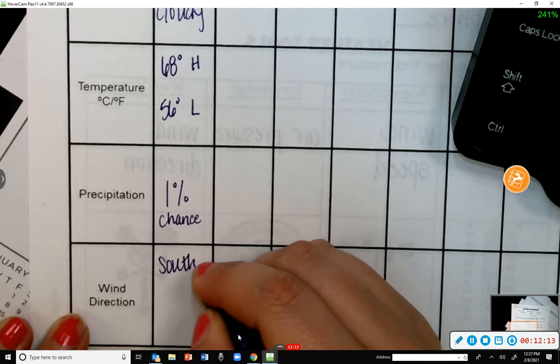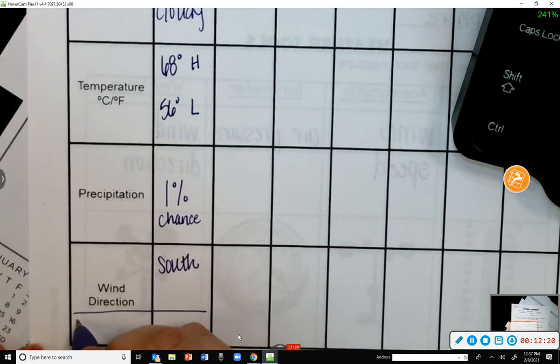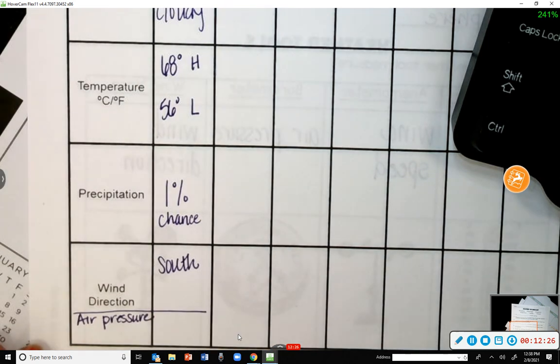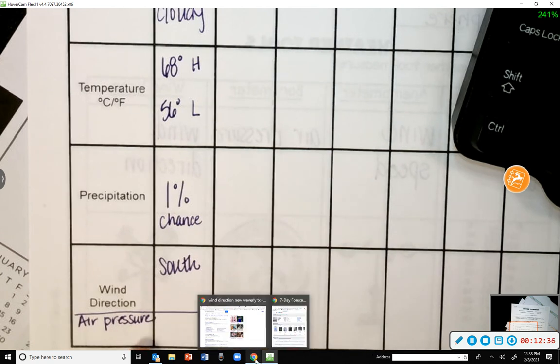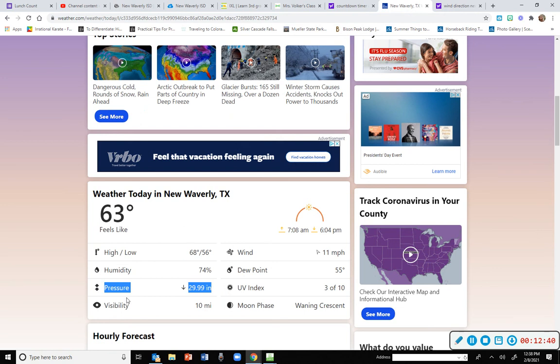And the other one that we want to pay attention to, or we're just going to add down below, is the air pressure. Okay? Because you might notice a pattern on days that it rains. Maybe the air pressure goes up or it goes down. So let's see what it is today. So here it is.